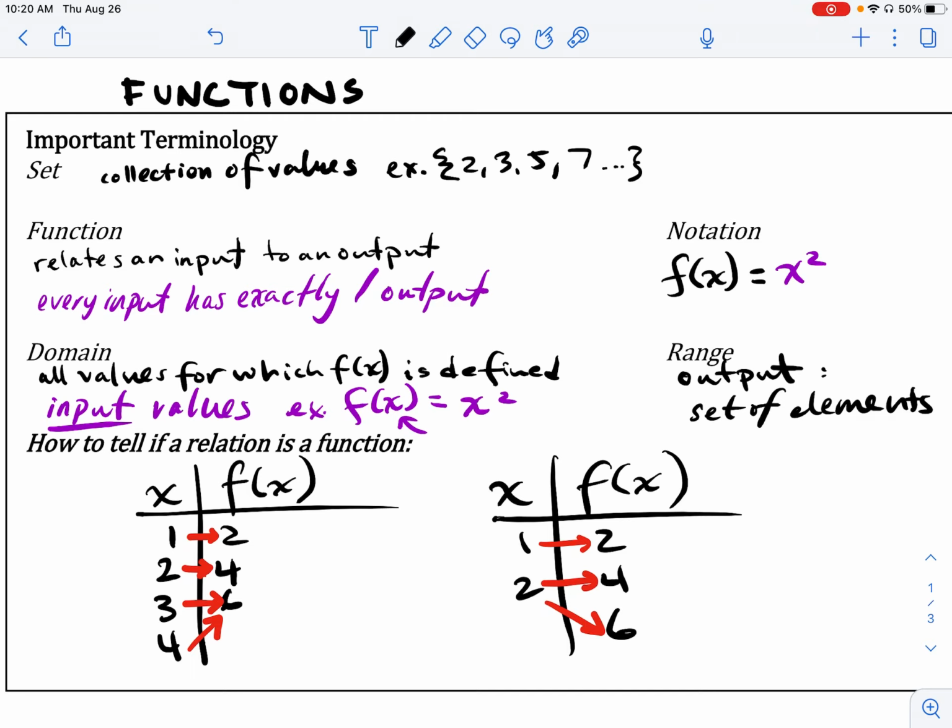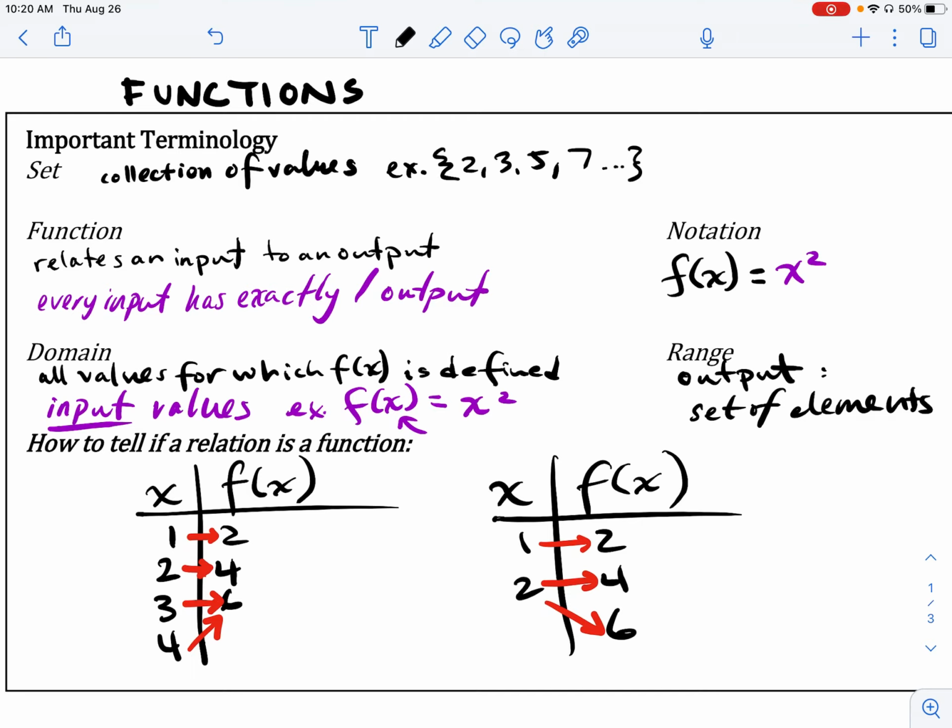So it's really important for us to get just a really good start and understand some important terminology and notation for functions. So before we talk about functions, understand that a set is simply a collection of values. So a function is a type of relation in which inputs and outputs, or one set of values, is related to a second or another set of values.